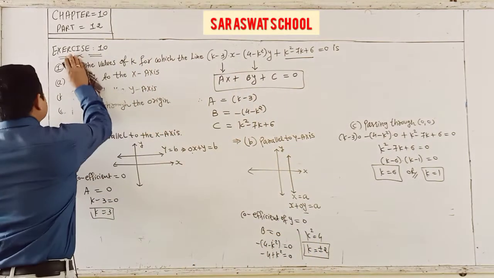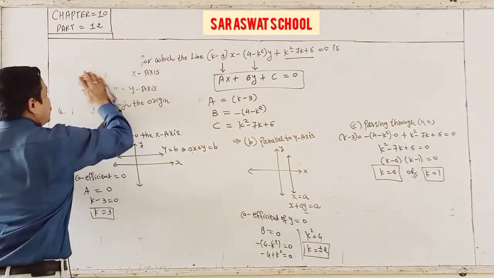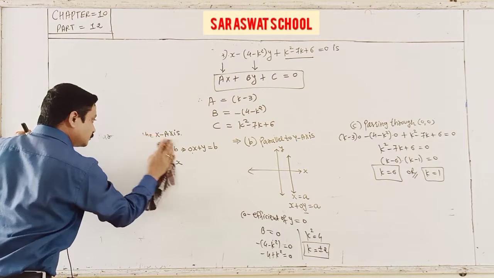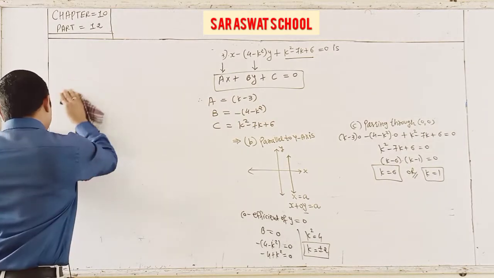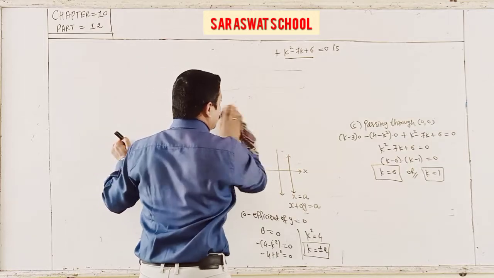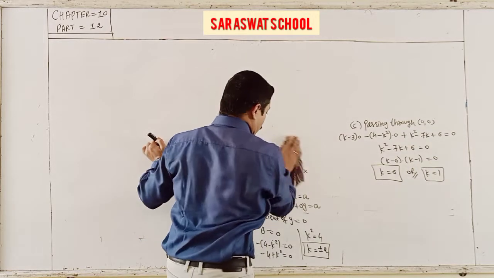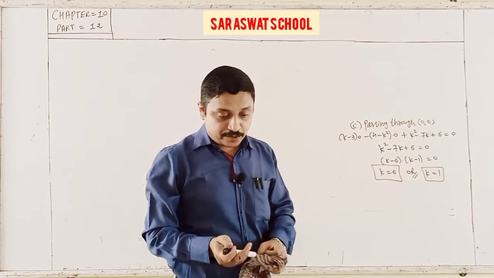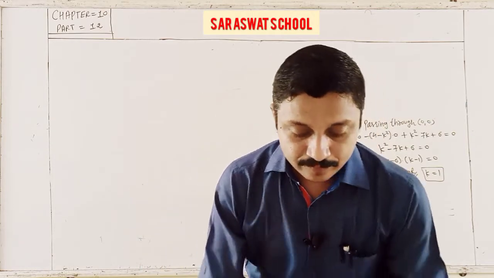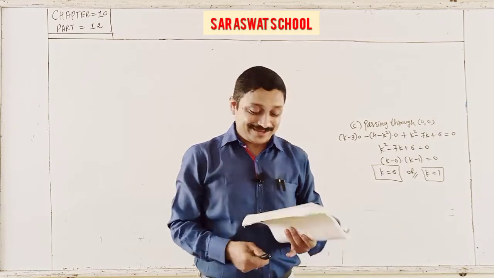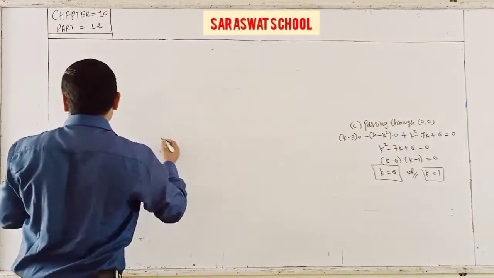Now I am going ahead with question number 2, slowly. Find the values of theta and p in the normal form.